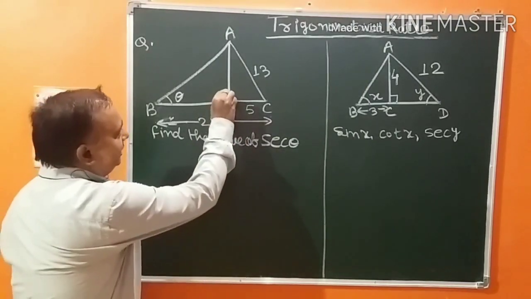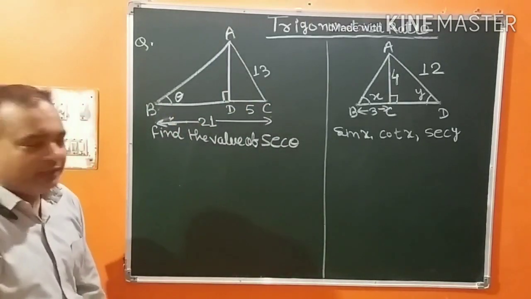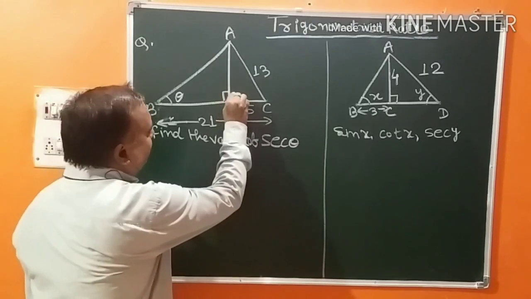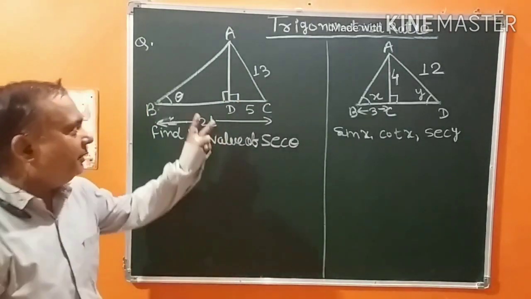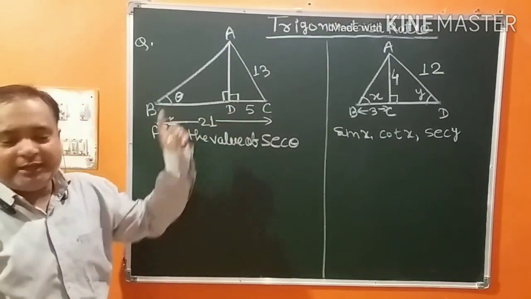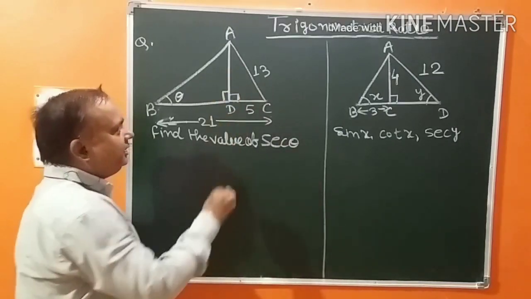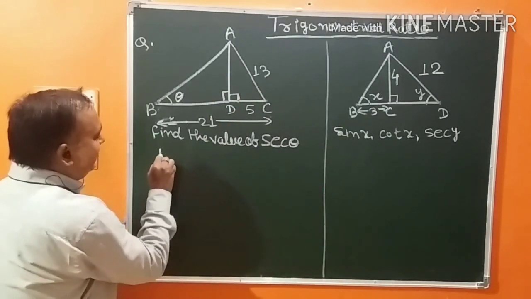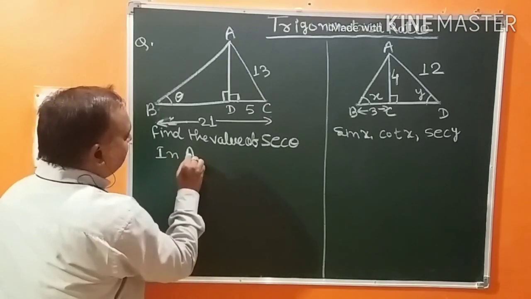So look here. If triangle ADB is a right angle triangle, we can say triangle ADC will also be a right angle triangle, because by the linear pair the sum of these two angles will be 180. If this angle is 90, it will also be 90. Now first we take right angle triangle ADC.